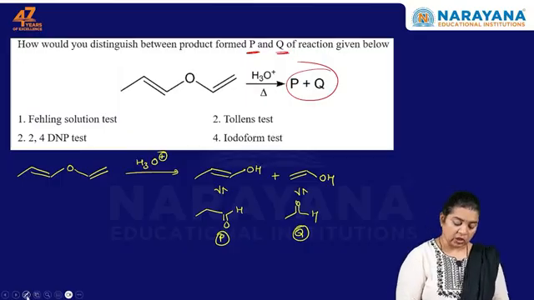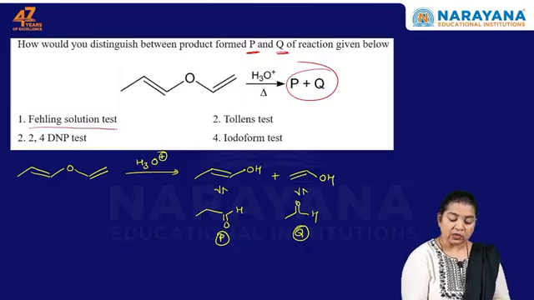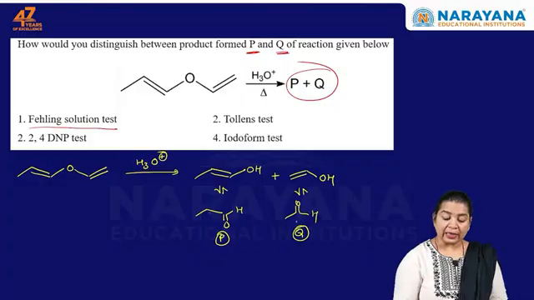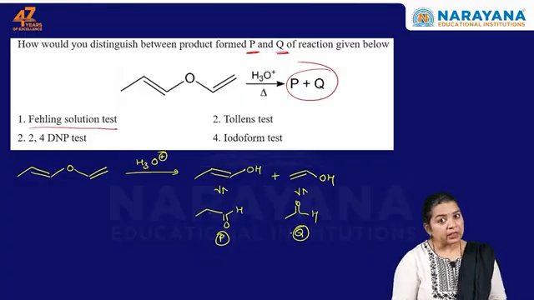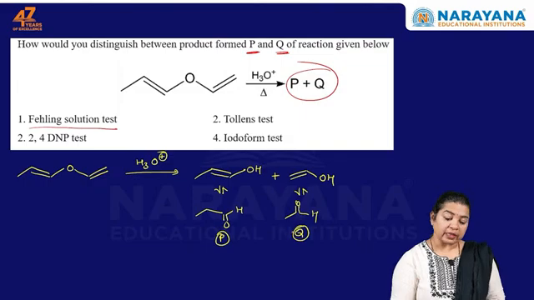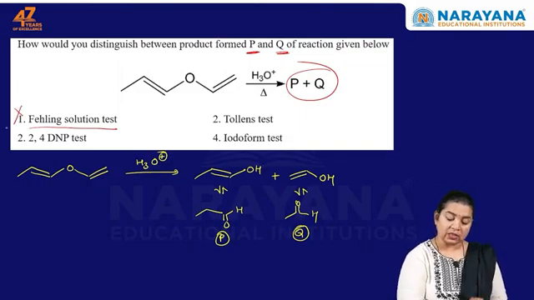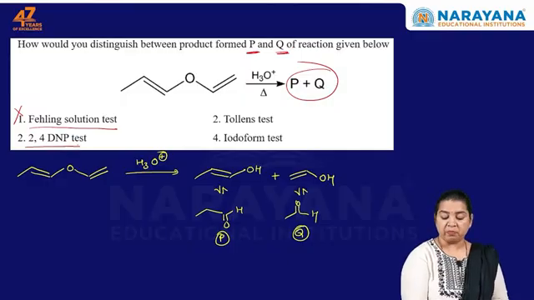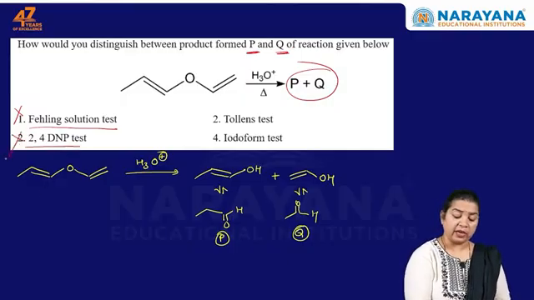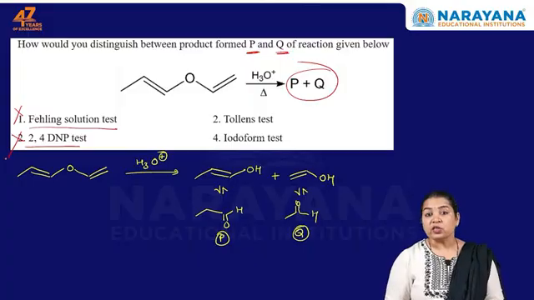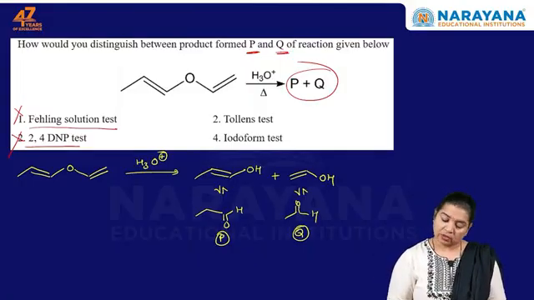Now let us check the options. So Fehling solution, both are aldehydes, none is aromatic aldehyde, so both will give positive test with Fehling solution. I cannot use this as a test. 2,4-DNP, dinitrophenylhydrazine test, Brady's reagent, both aldehydes will give this test. Again, can't be used.